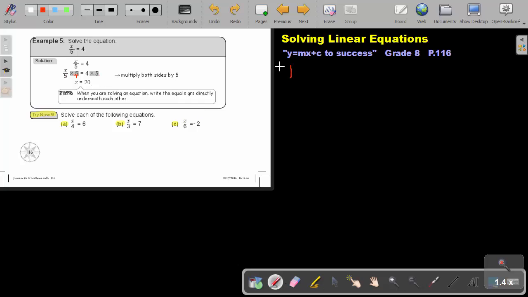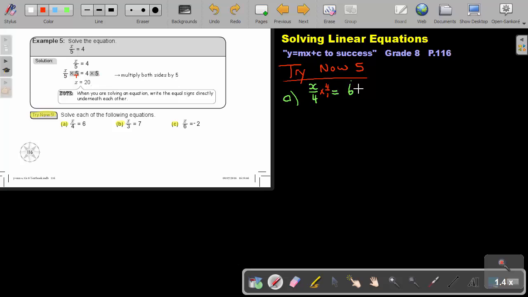Let's continue. Try now 5. Let's start with number A. So it's x over 4 is equal to 6. Now remember, you want to cancel this 4. What will cancel this 4? If you multiply with 4 over 1.